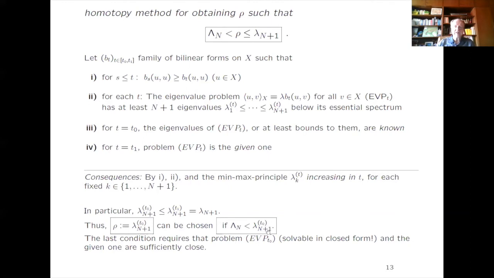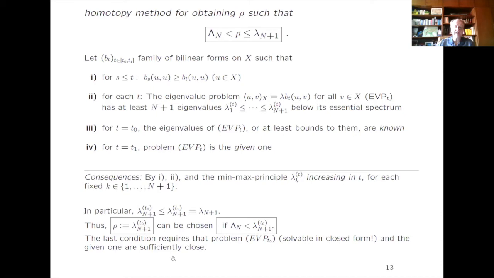But this is not quite pleasant because this last condition, in a sense, requires that there is some interlacing between the eigenvalues. So the nth eigenvalue of the given problem still has to be less than the n plus first of this base problem. And this is unpleasant because, in a sense, it requires these two problems, the base problem and the given problem, to be sufficiently close.